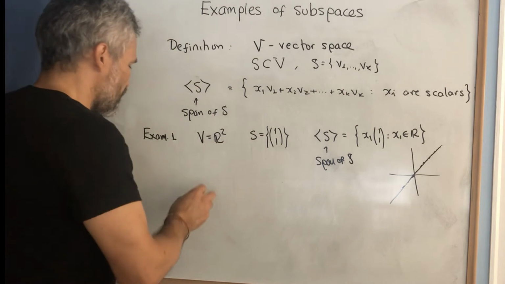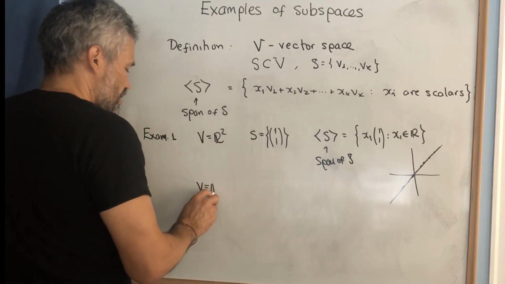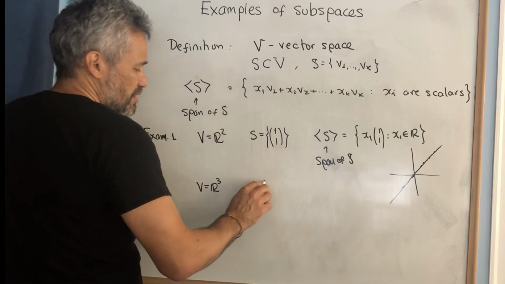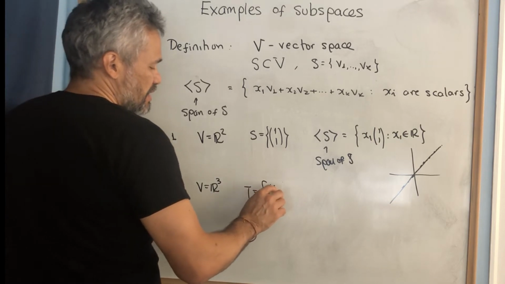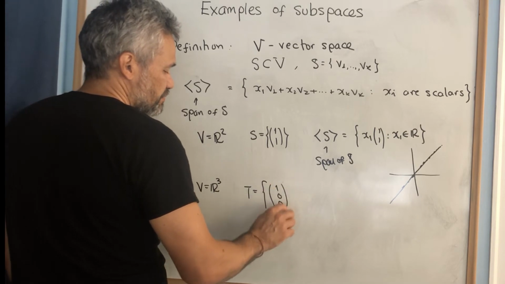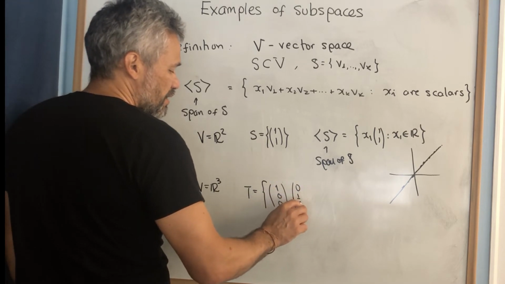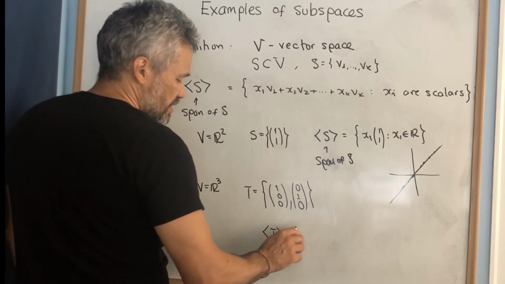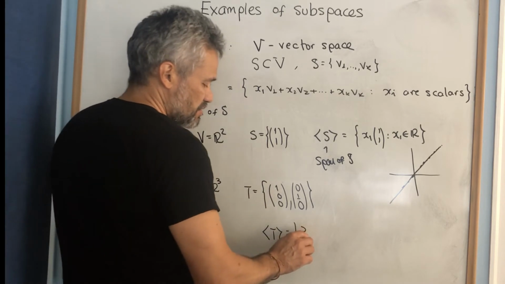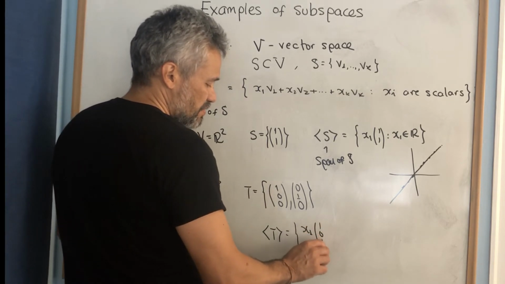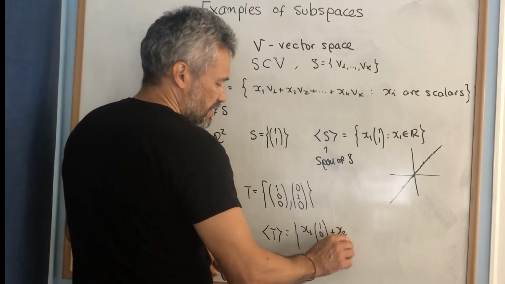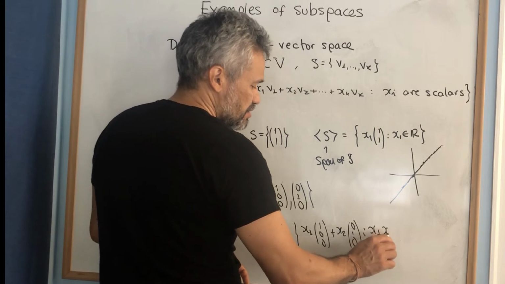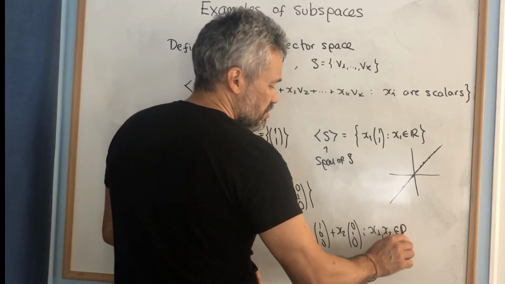Another example, if we have that V is R3, and let's call it T now. T is the set that has these vectors (1, 0, 0) and (0, 1, 0). Then the span of T is just the linear combinations of these two vectors, x1 times (1, 0, 0) plus x2 times (0, 1, 0), such that x1 and x2 are real numbers.